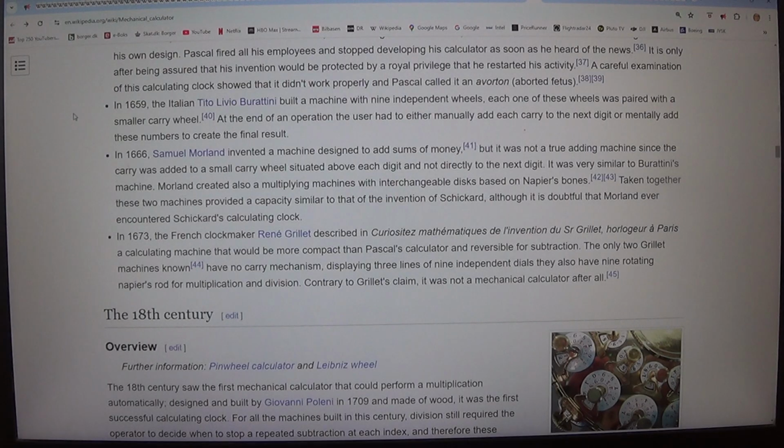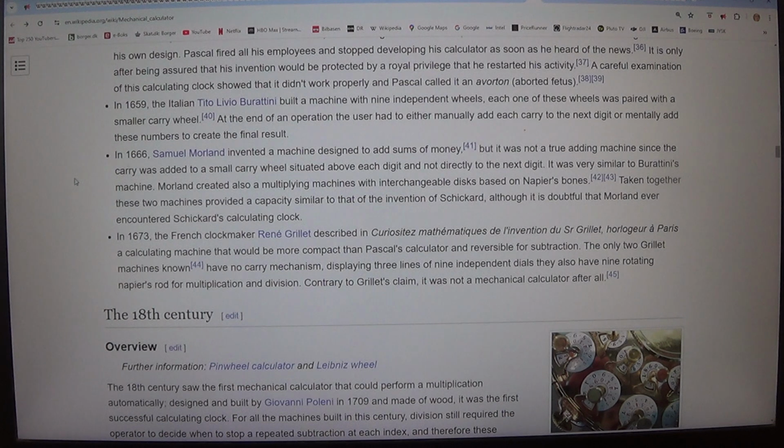In 1659, the Italian Tito Livio Burattini built a machine with 9 independent wheels. Each one of these wheels was paired with a smaller carry wheel. At the end of an operation, the user had to either manually add each carry to the next digit or mentally add these numbers to create the final result.